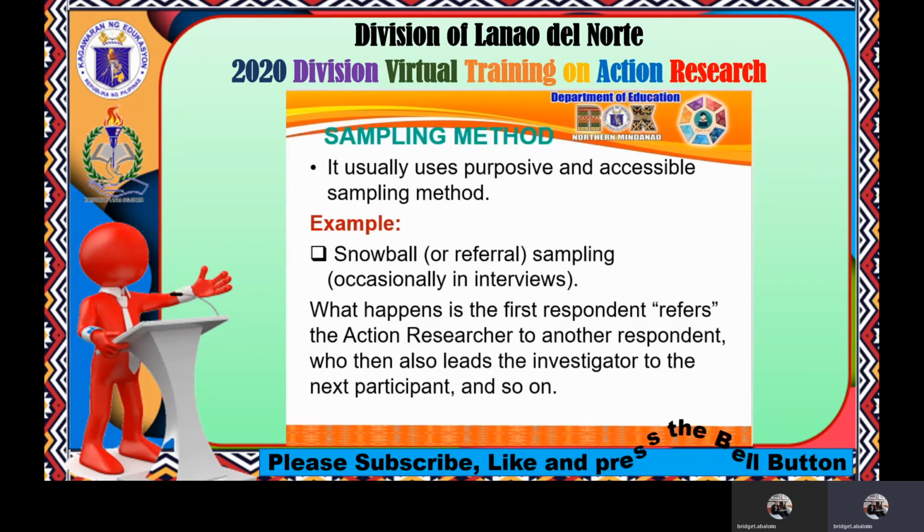The first respondent refers the action researcher to another respondent, who then also leads the investigator to the next participant, and so on. Meaning to say, the first participant's responses are very important because they lead the investigator to the next participant, and so on and so forth.